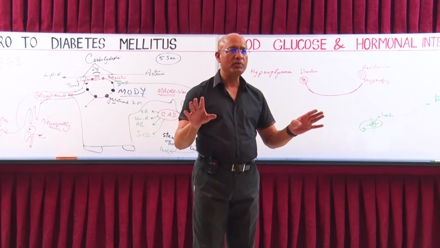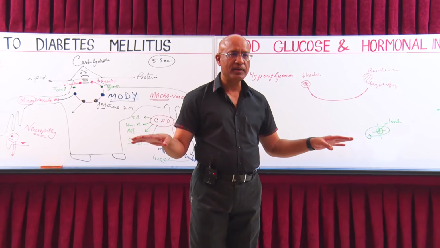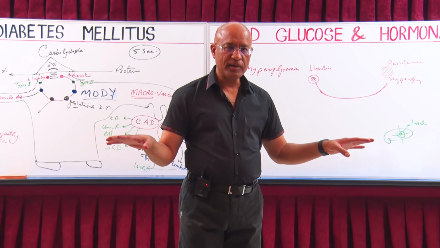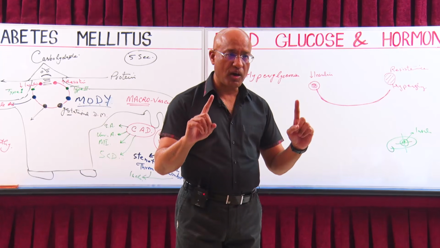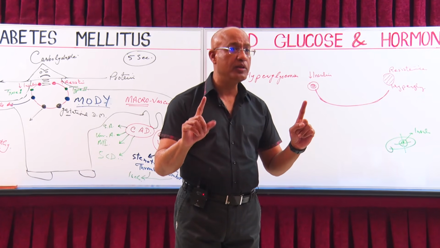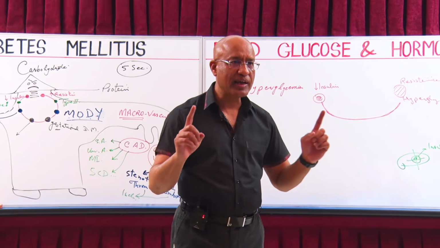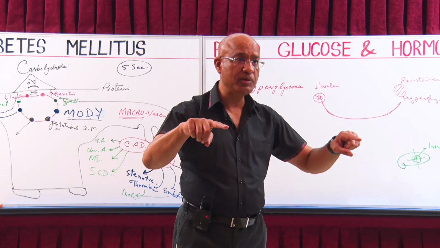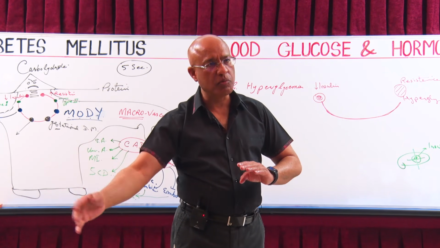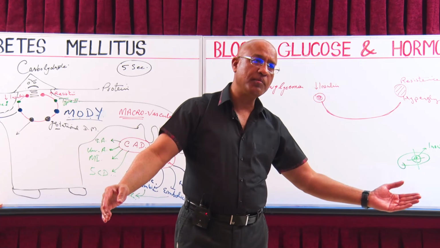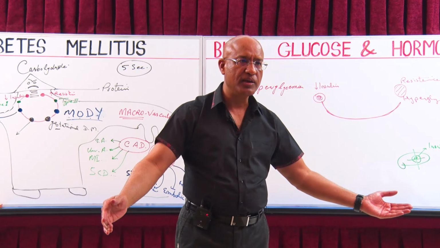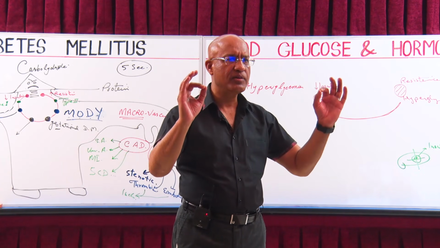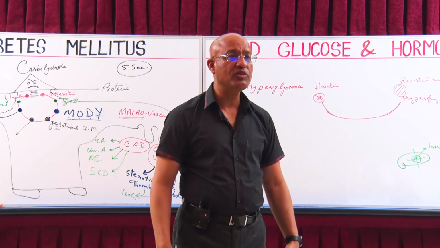So what I'm talking about, first of all, is what kind of neuropathy? Polyneuropathy. What kind of polyneuropathy? Symmetrical. Symmetrical means whatever is happening to the right side of the body, similar neurological damage is occurring to the left side of the body. And the classical example of this is, yes, gloves and stocking.